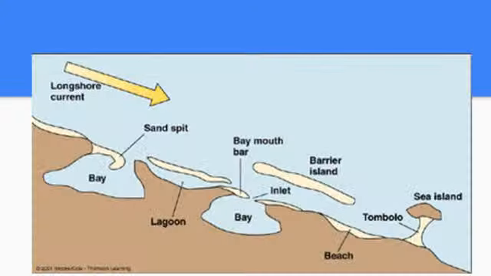This diagram is a little blurry, but it gives you a pretty good idea of what each feature would look like, where each feature would be, and how they interact with each other.